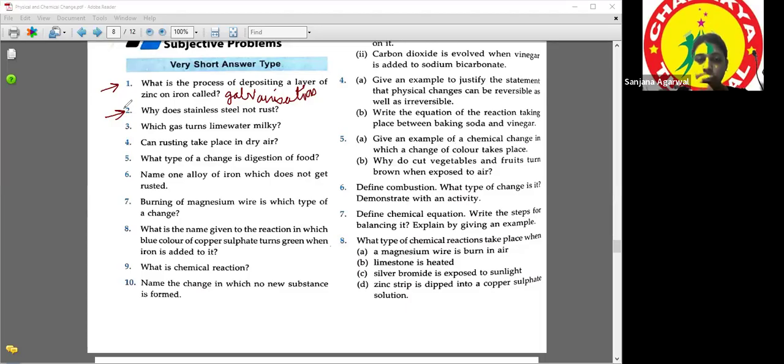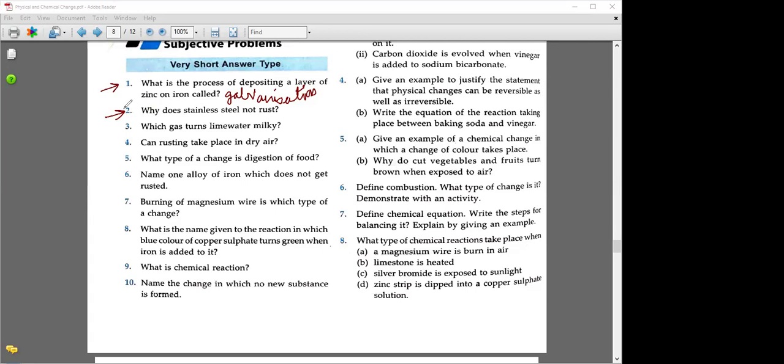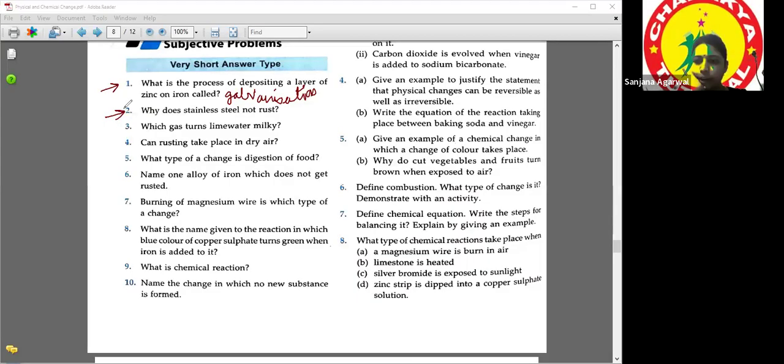Come on, tell me. Rohini, tell the answer to everyone. Ma'am, in the making of it, iron is mixed with other metals. It forms a protective layer from oxygen and carbon dioxide.